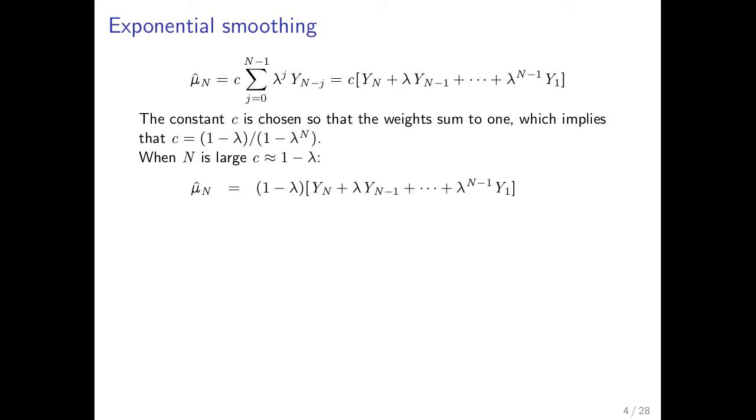So this is basically the estimator when n is large, with a factor 1 minus lambda. But of course, as always, I don't want to keep track of all the observations from the past. I want to do something similar to what we did before. I want to update.